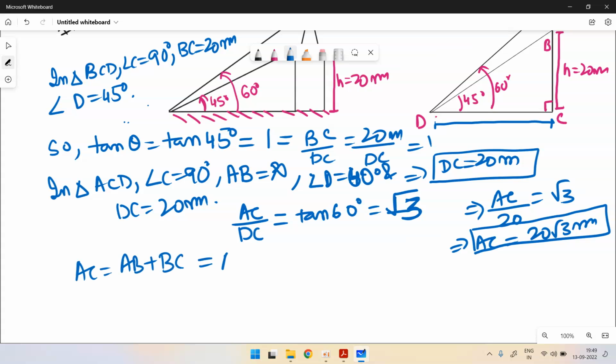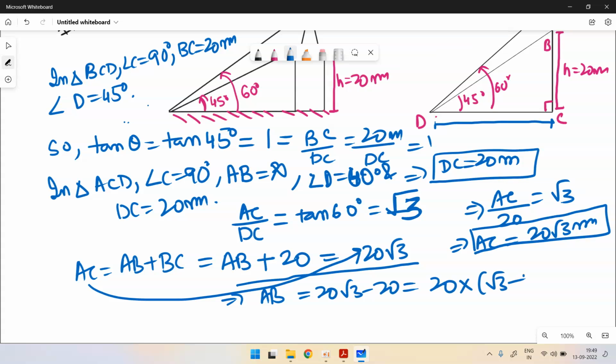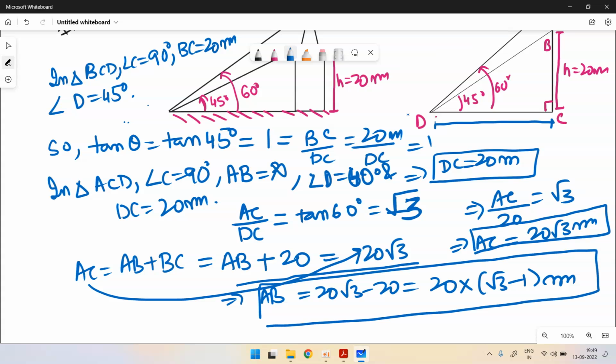AB you don't know, you need to calculate, that is the height of the tower, and BC you know is 20 meters, and AC is 20 root 3. So the value of AB is 20 root 3 minus 20, which is nothing but 20 into root 3 minus 1 meters. This is the answer.